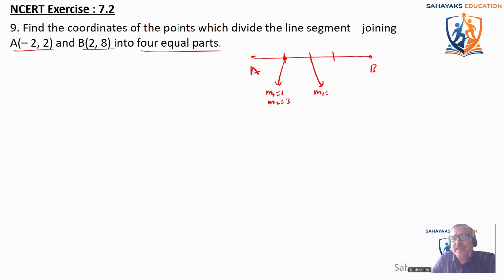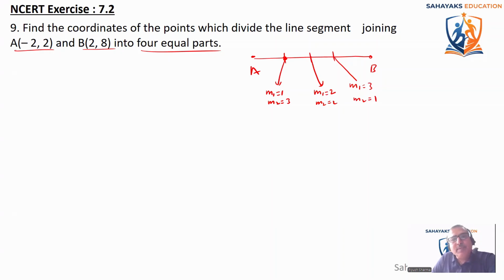So M1 is equal to 2 and M2 is equal to 2. That way it's simpler to understand. And if I have to find this, then we can say M1 is equal to 3 and M2 is equal to 1. This is one way of finding it.